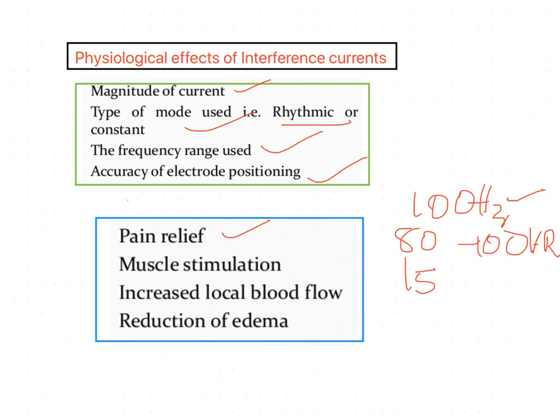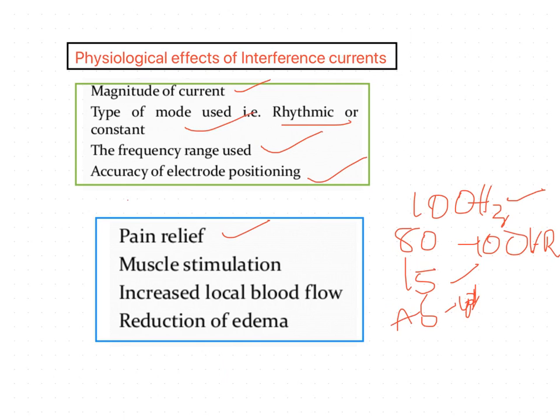So this is carried out by the enkephalins. And also physiological blocking of nerve transmission is explained as a mechanism of pain modulation produced by interferential. It is also thought that the maximum frequency of transmission in C nerve fibers is 15 Hz, and for A delta fibers it is 40 Hz.